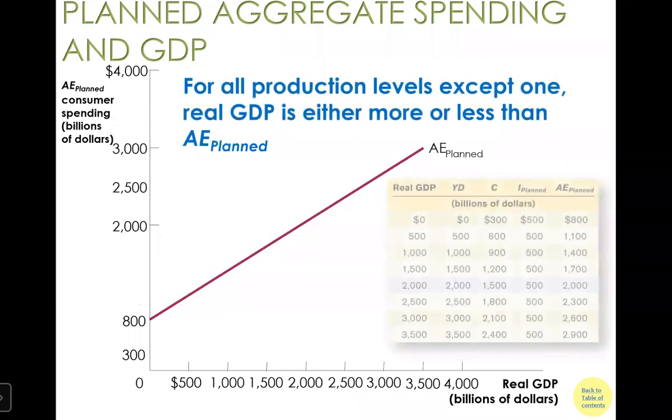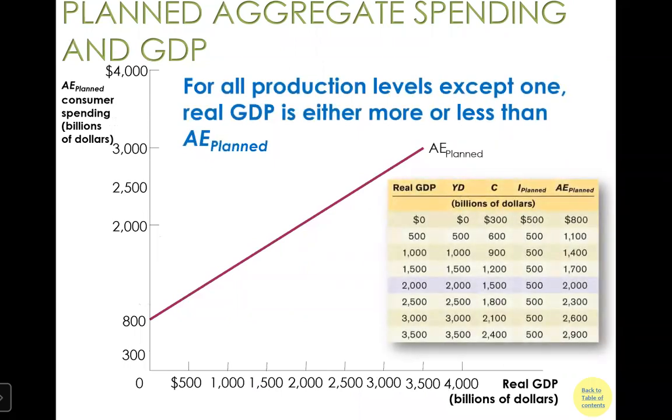Now we bring these things together. This line actually represents this column, and this is how this column adjusts with this column, right?